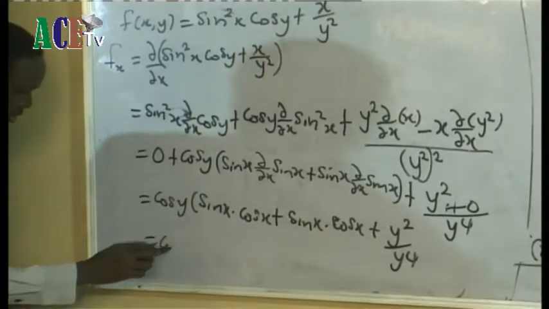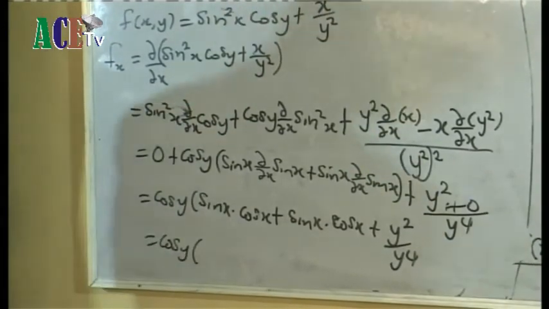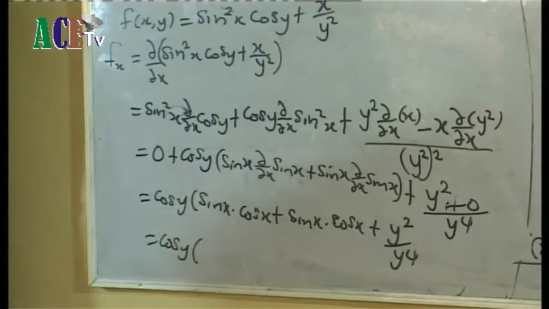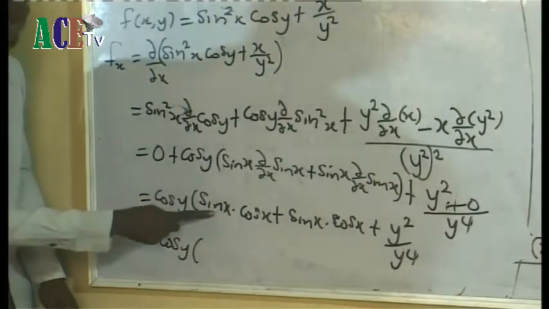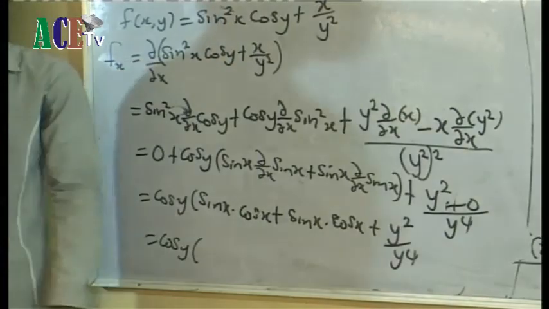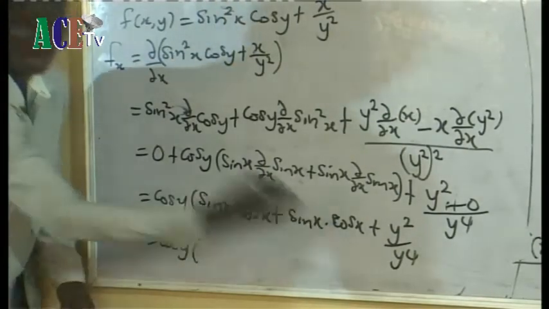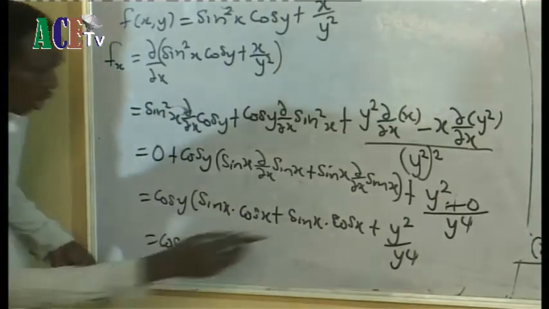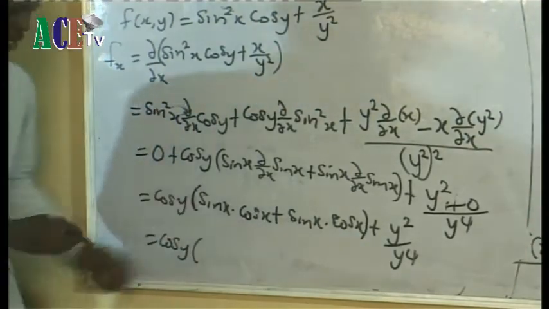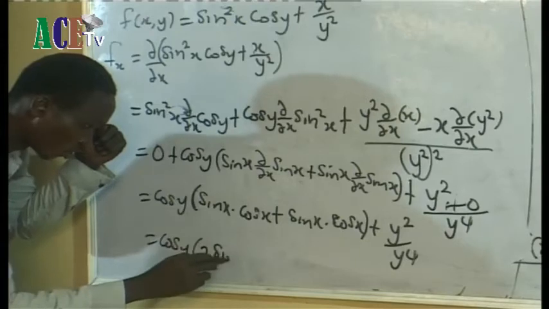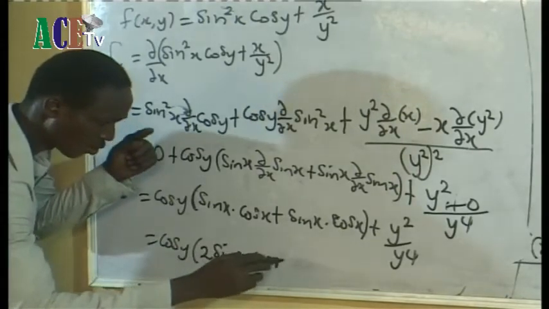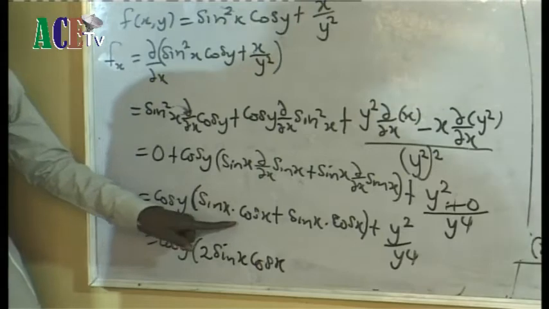Then this one will give me cos y into, look at sine x cos x plus sine x cos x. They are the same thing. This is 1 plus 1. Oh, I'm supposed to cover this bracket here. 1 plus 1 will give me 2 sine x cos x.